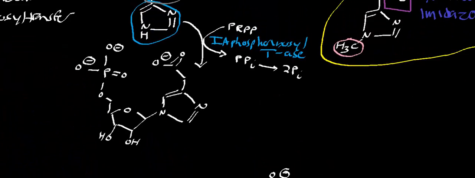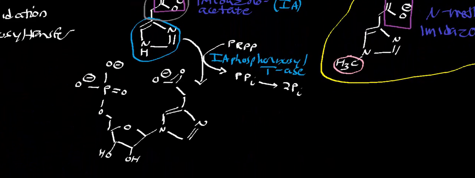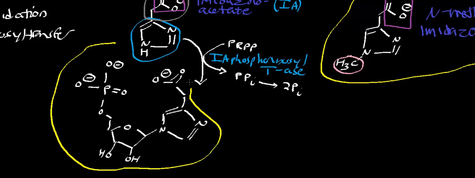Okay, so this is a phosphoribosyltransferase, and so you end up getting this guy with a phosphate and a ribose ring. Now it's incredibly soluble, and this too, I'll box it in yellow, this too can also be excreted by the kidneys. Okay, so these right here, these are the major pathways for excretion of histamine.